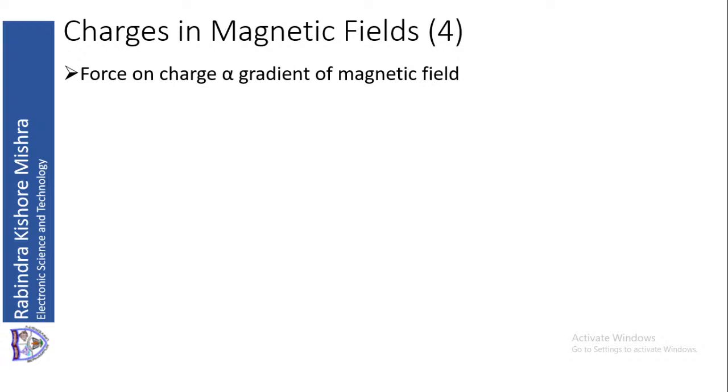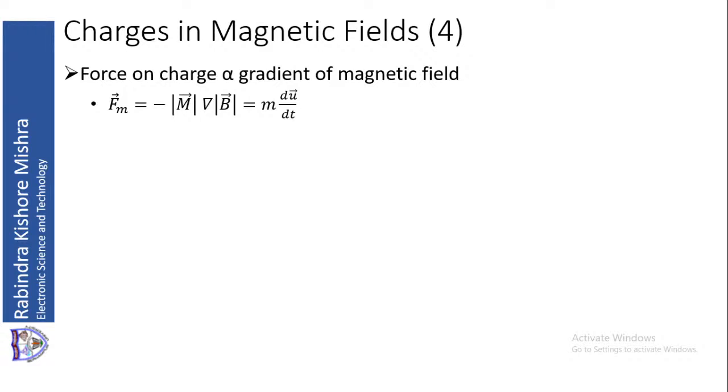And now please remember that the force on a charge is proportional to the gradient of the magnetic field, which we have already seen. So we can write F equal to minus M grad B, where M is a proportionality constant. Why I am taking a negative sign here, you will see in the next slide or the next lecture.